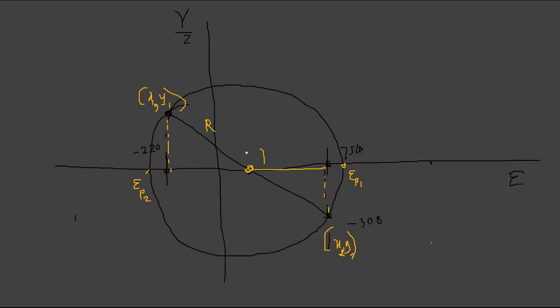From that coordinate, you add the radius to obtain epsilon P1. I'll call this A and B. You can find A plus the radius.